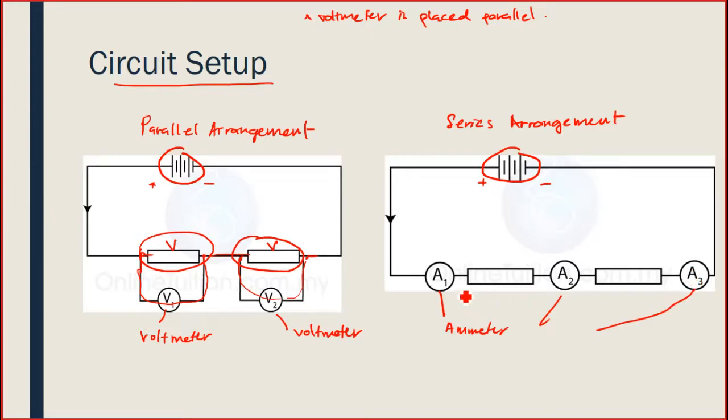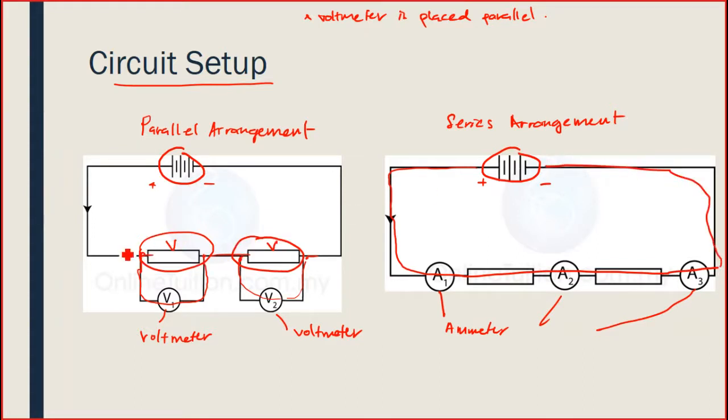So why do you put the ammeter like this? Because you are measuring the current. The current is always going to flow like this, so in order to measure the current, you need to allow the ammeter to measure the current straight like this.